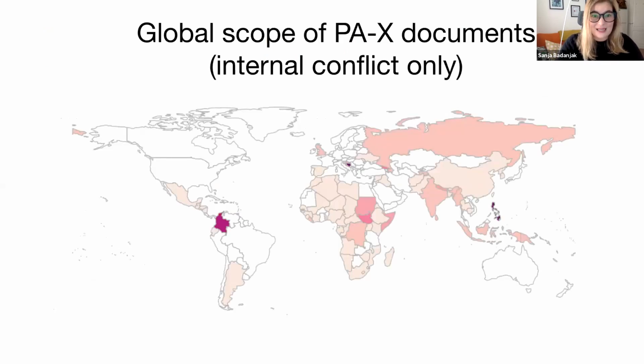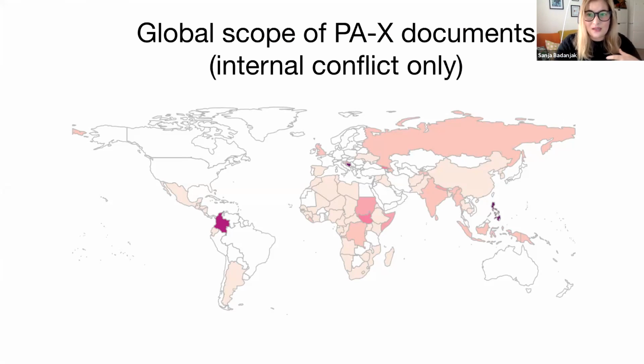The PA-X data have global coverage, as you can see on this map. Now, this is a map of internal conflict only, partly because this is a very good way to show which contexts have been producing a lot of formal agreements. And note that this map and the agreements presented in it are not indicators of conflict. They're indicators of the production of agreement documents.